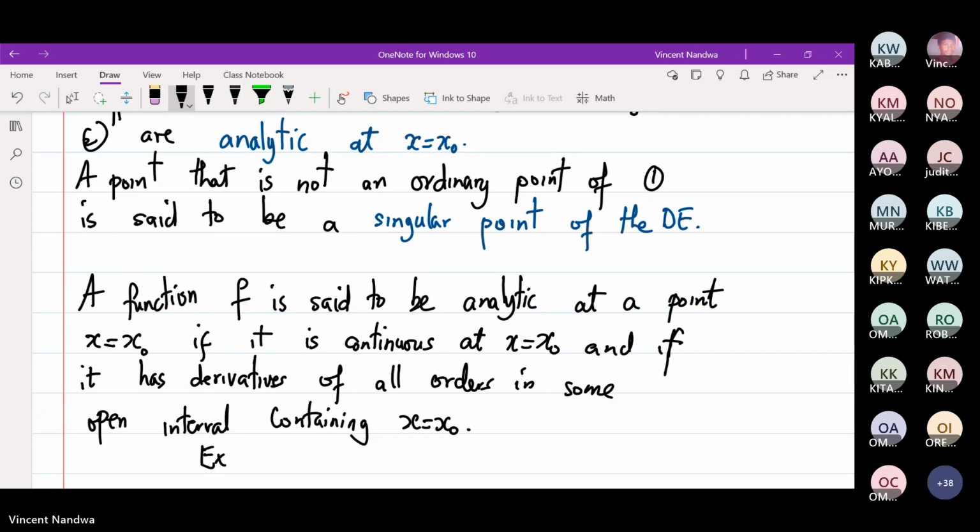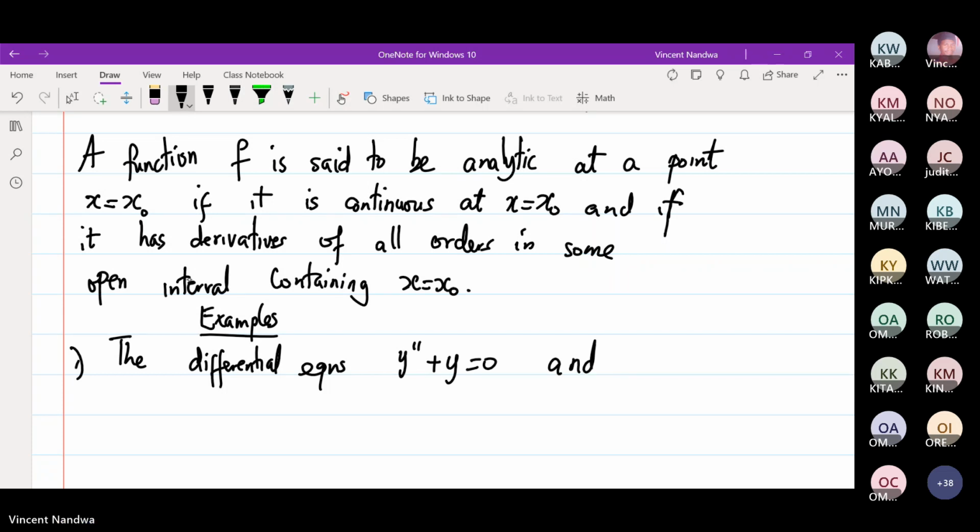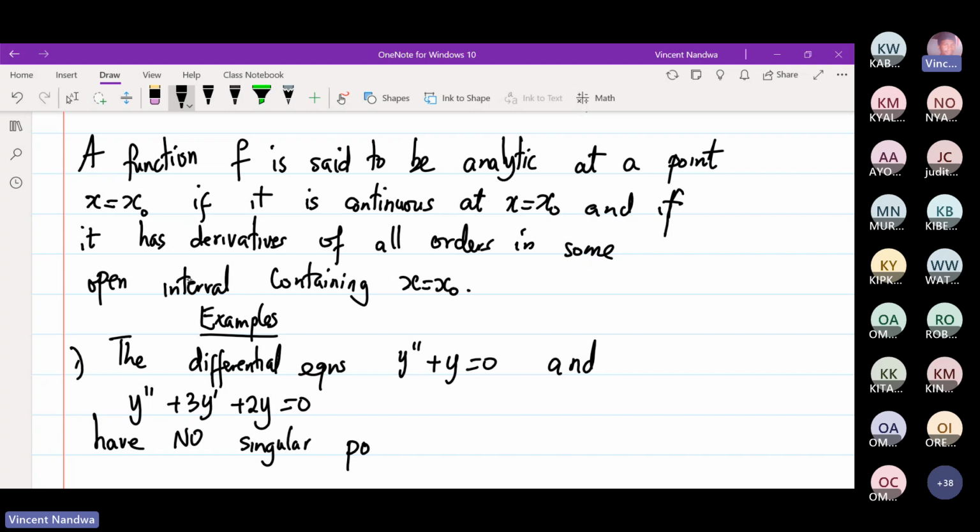So let's do examples, or define some ordinary and singular points for some specific differential equations. One, the differential equations y double prime plus y equals 0 and y double prime plus 3y prime plus 2y equals 0 have no singular points.